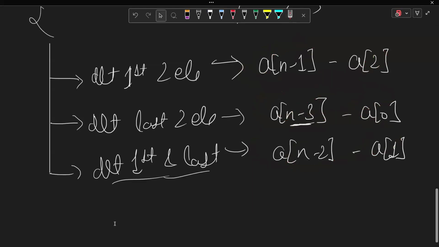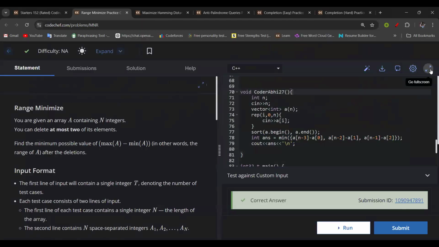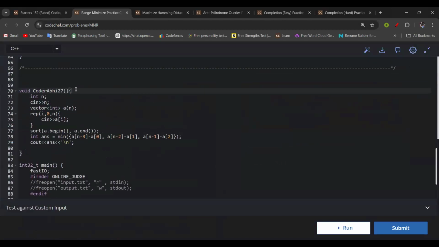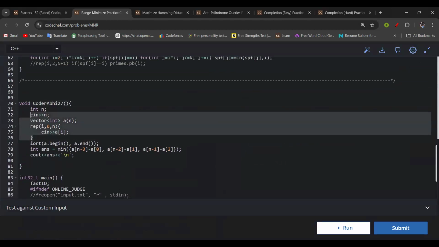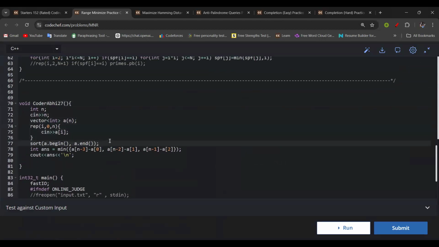Okay, I hope the first problem is quite clear. So we can move to the code now. What I did is I just took the input. This is the input part. Then I sorted my array. After this, I just took the minimum of those three cases.